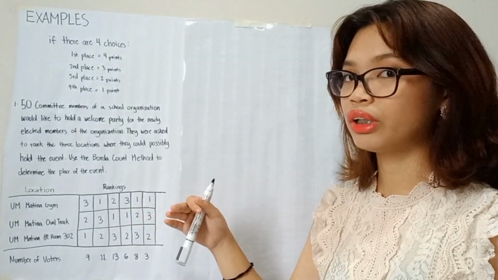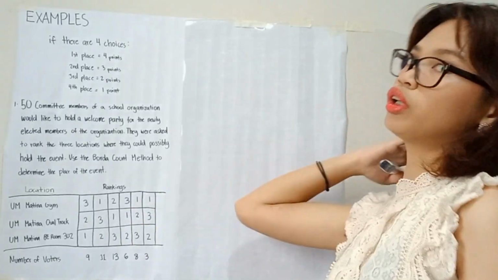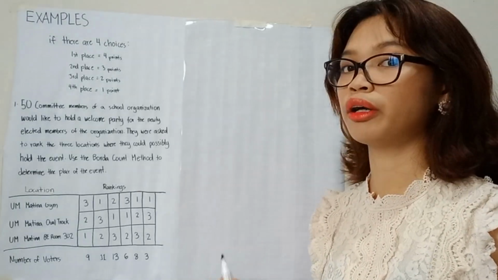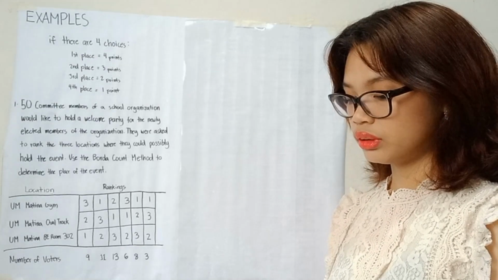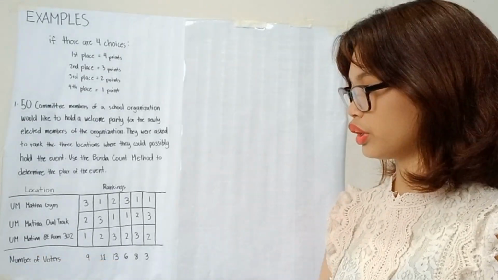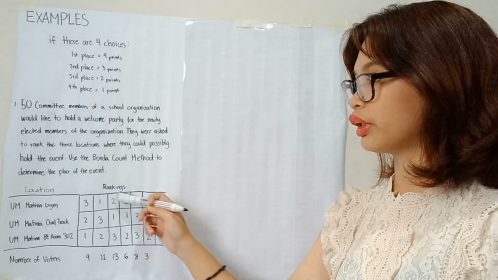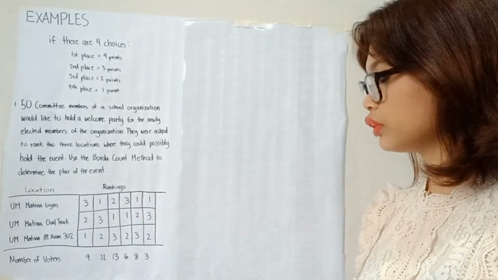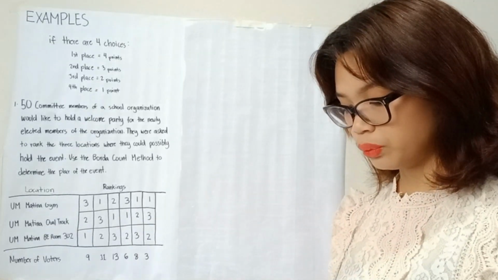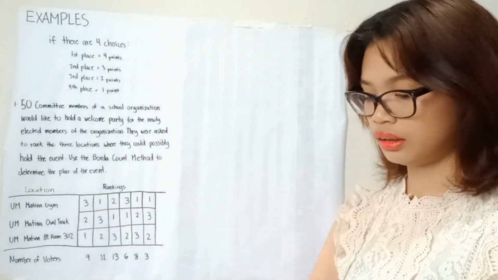They only have until third place to choose for the location of their event. Next, we have the number of voters who voted in the election. First, we need to start with the first location or the first candidate.